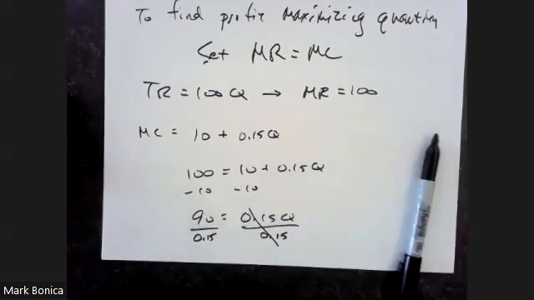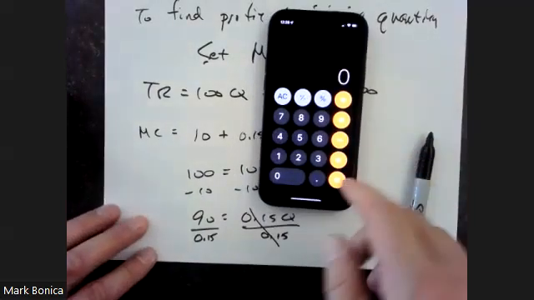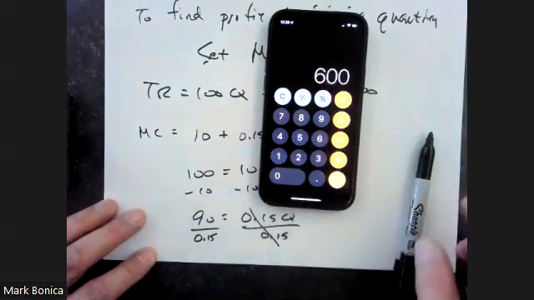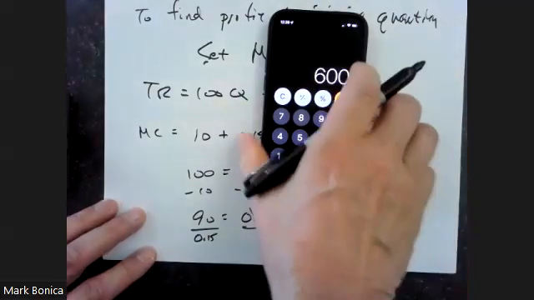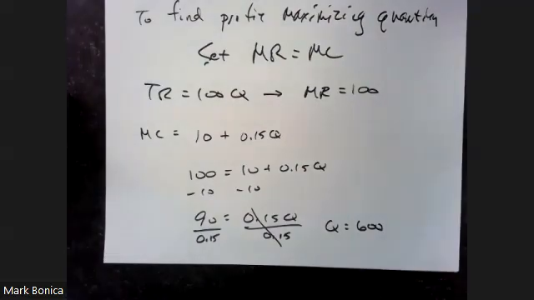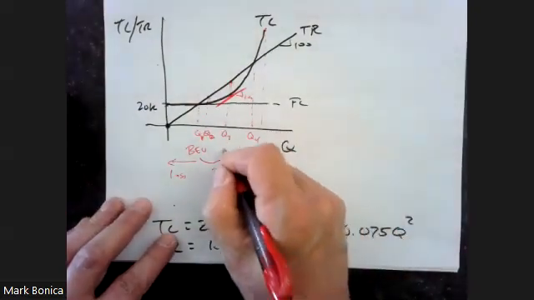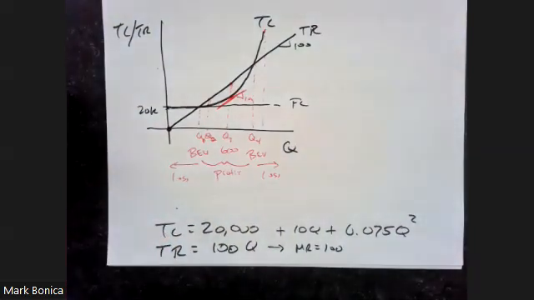That cancels, and I have 90 divided by 0.15, 600. So Q equals 600. So the answer to Ali's question is Q3 is equal to 600. All right, so Q3 is equal to 600.